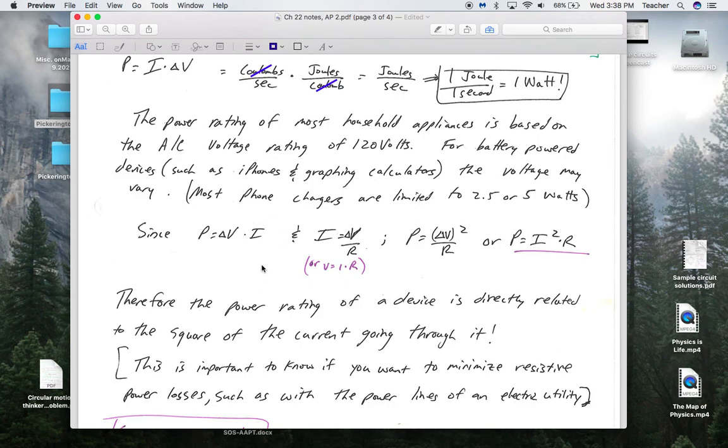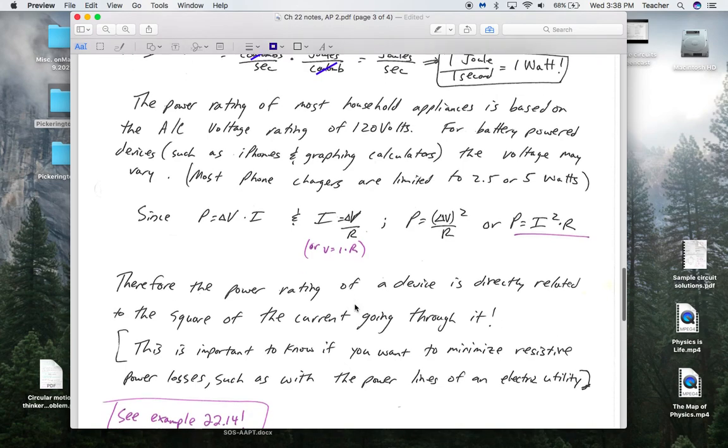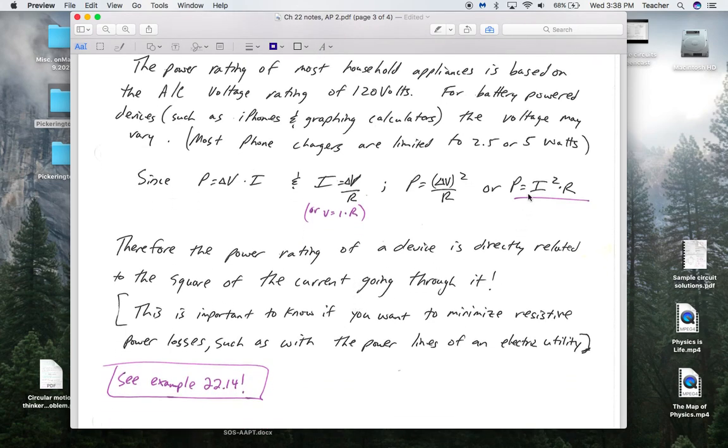So if we combine the power equation with Ohm's law, we can get that the power is equal to delta V squared over R, or I squared times R. So this and this and this are all the same thing when combined with Ohm's law. So the power rating of a device is directly related to the square of the current going through it.